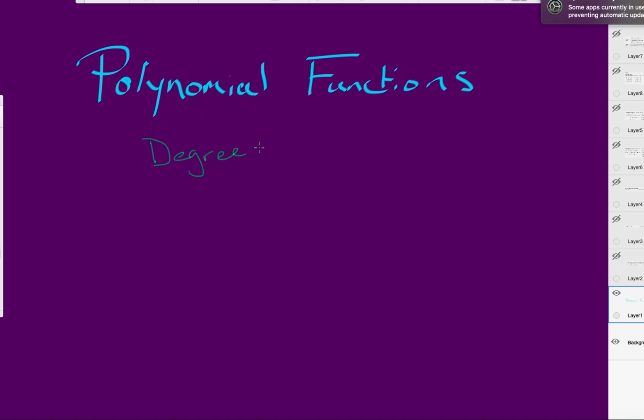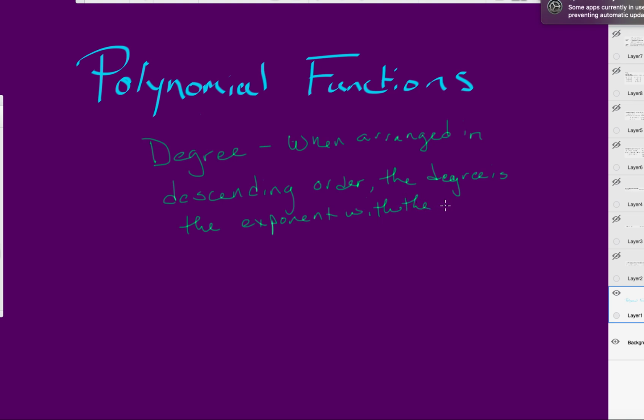The degree of a polynomial is easy. When they're arranged in descending order, the degree is the exponent with the greatest magnitude.